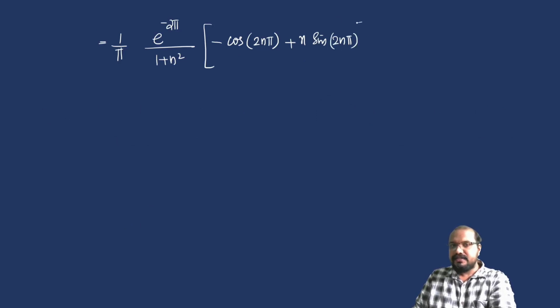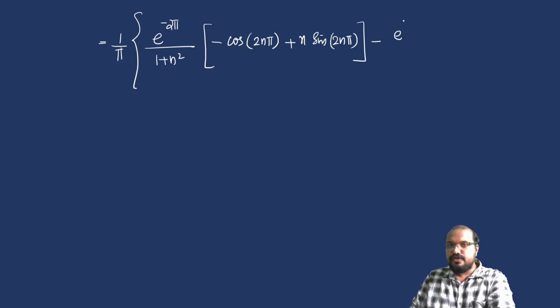This is the upper limit. Minus, here 1 by pi is common, e raised to 0 divided by 1 plus n square, because the lower limit is 0, into (minus cos 0 plus n sine 0). This is the lower limit.